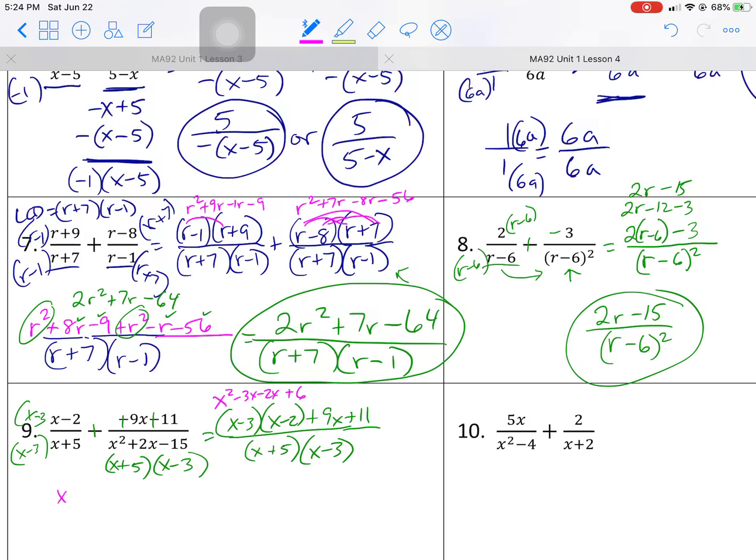Goodness. So this is going to be x squared minus 5x plus 6. And I bet that factors. Oh, wait. I got to add this stuff to it. Hold on. Getting ahead of myself again. Plus 5. X minus 3.